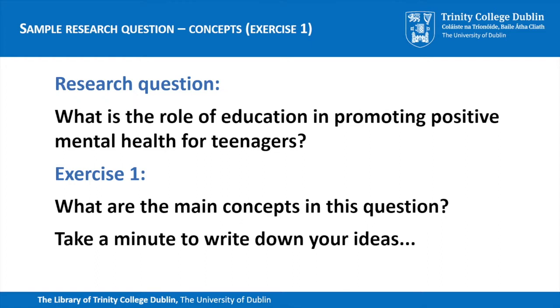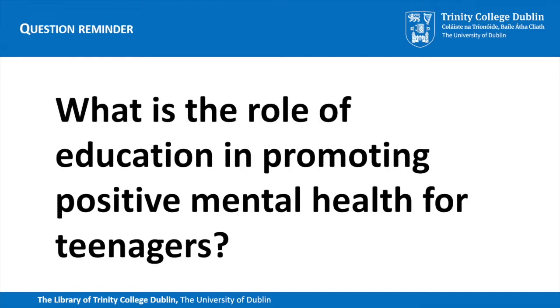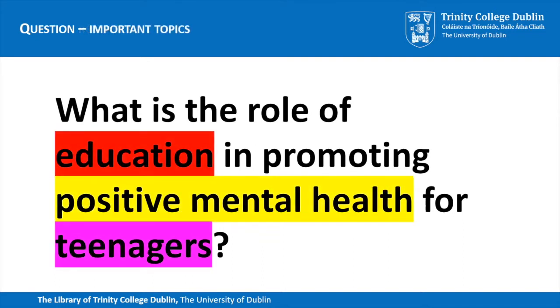We need to think about how we split that up and what are the main concepts in this question. So here we are. What is the role of education in promoting positive mental health for teenagers? We believe that the three most important aspects of that question are the education part, the positive mental health aspect, and then the population of teenagers.